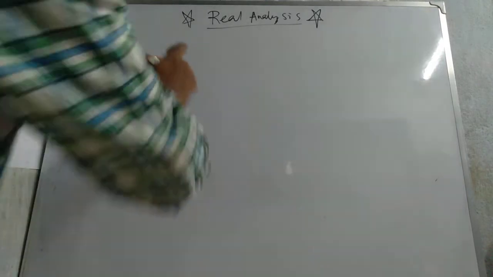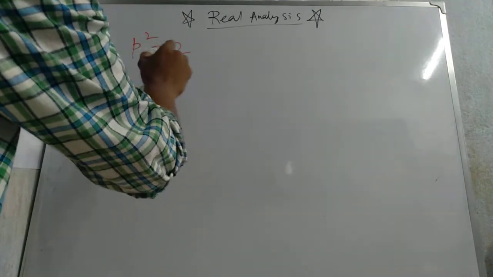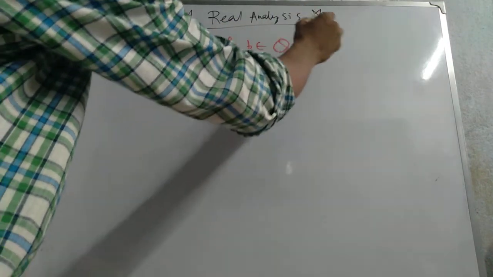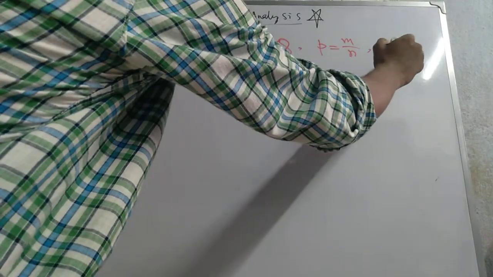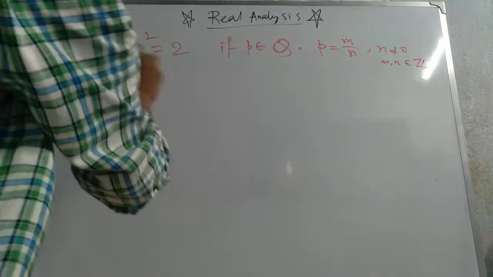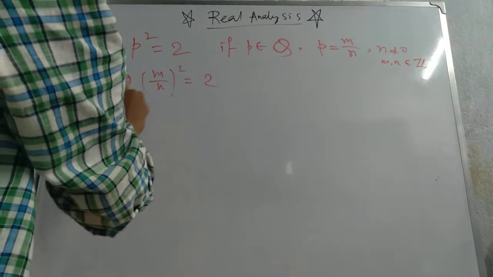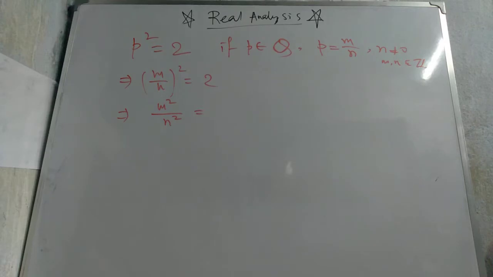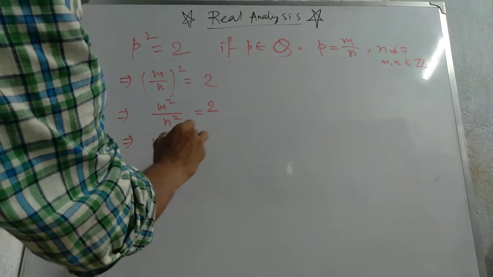So p square equals 2. Suppose p belongs to Q, then p equals m by n, where n is not equal to 0 and m, n belong to Z. Then this implies m by n whole square equals 2, so m square by n square equals 2. This implies that m square equals 2n square.